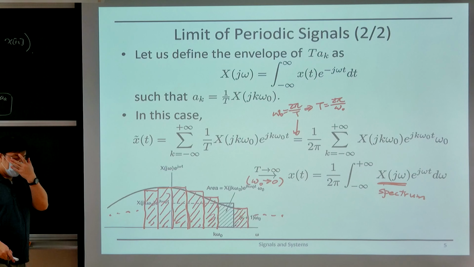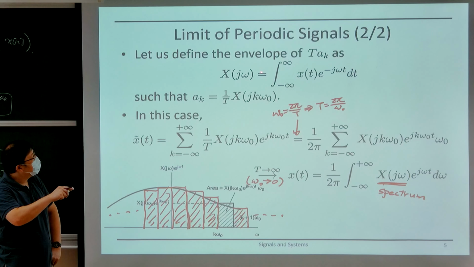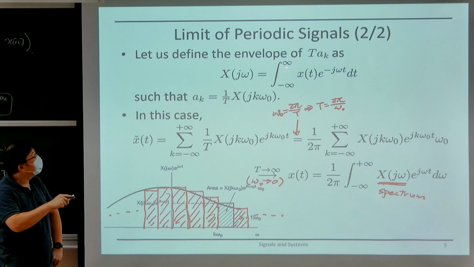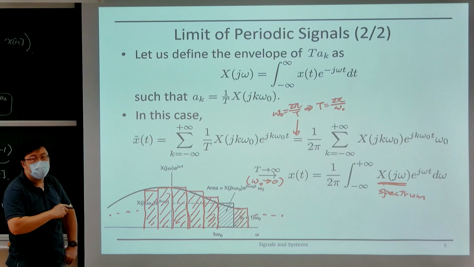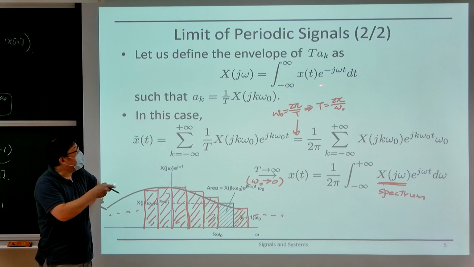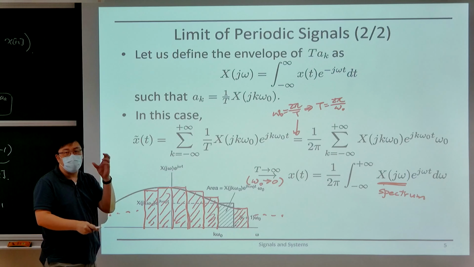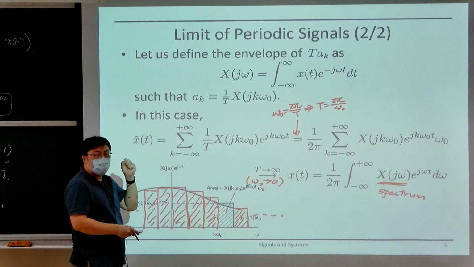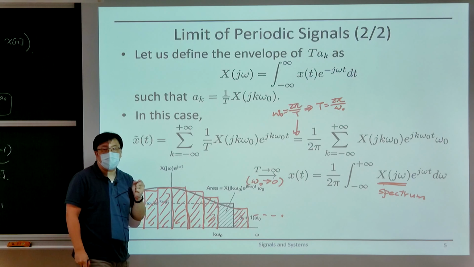So interestingly, here we're defining X of j omega as the integral of x of t times e to the minus j omega t dt. Like I mentioned previously, if you think of this as the inner product between x of t and e to the j omega t, then what this is doing is extracting out the projection, extracting out how much of x of t lies in e to the j omega t.